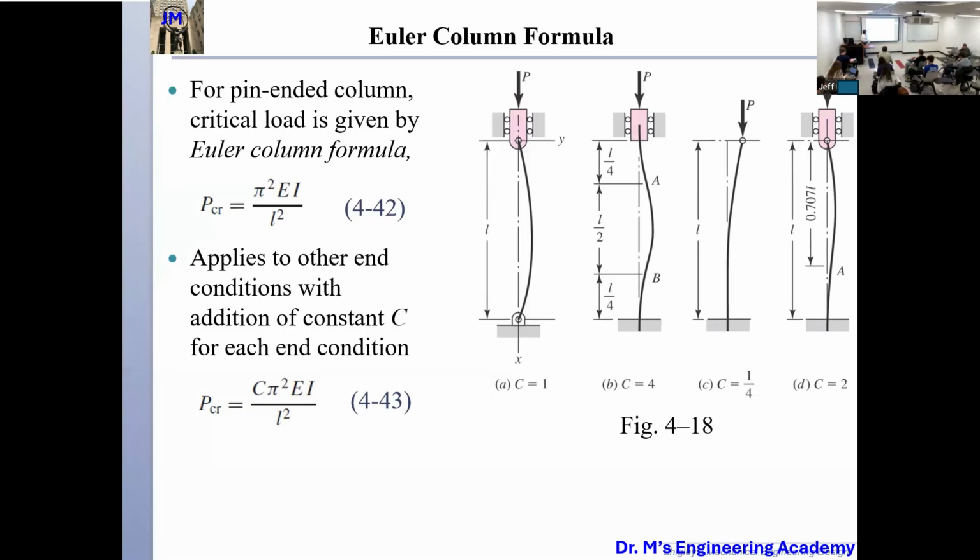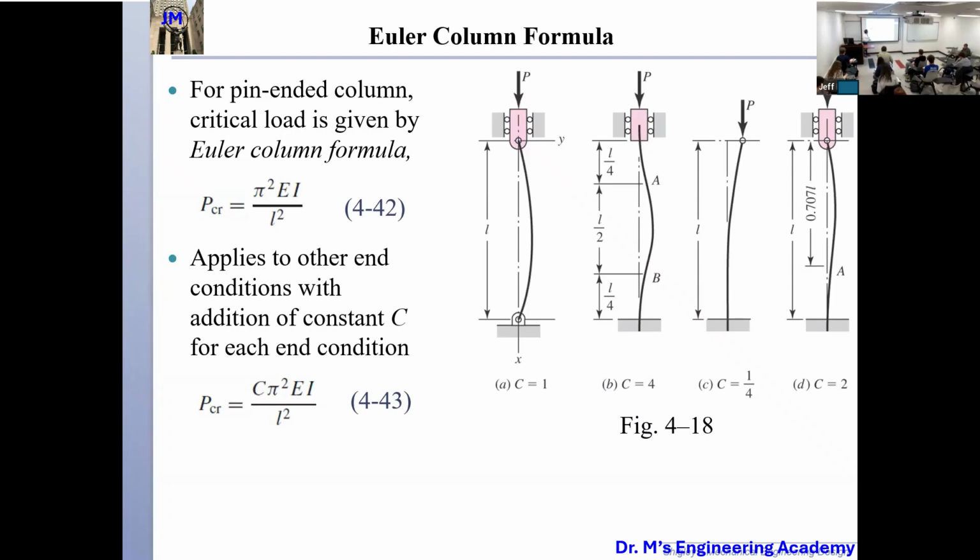Euler is a person's name. Critical load means that at this point, the structure loses stability. This critical load can be calculated using this equation.